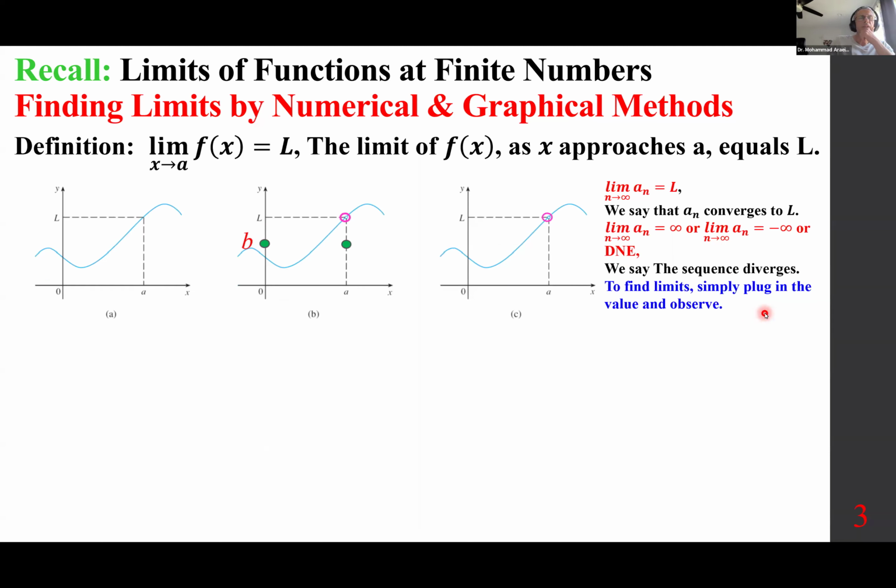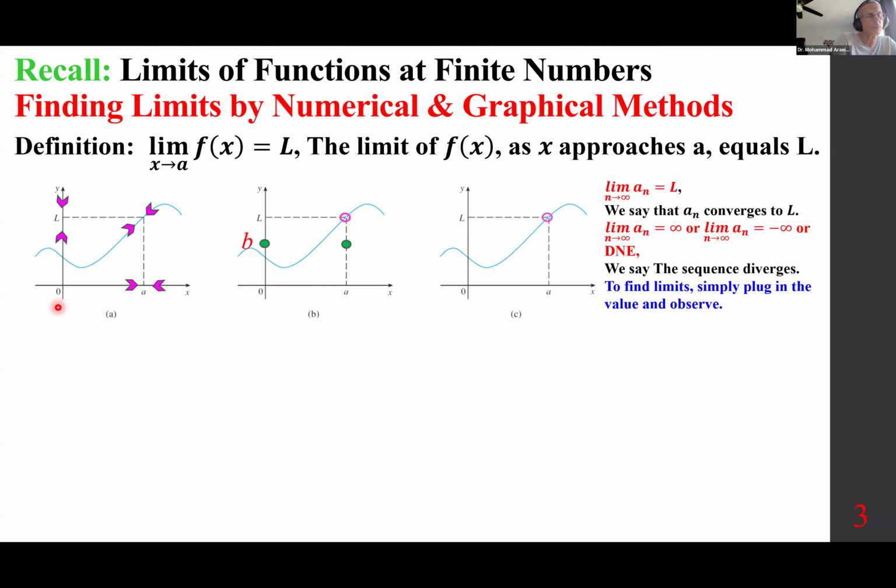If we are interested in finding the limit of f of x as x approaches a, for all of these graphs, as we approach a from the left and right, from the left we are in this branch, from the right we are in this branch.